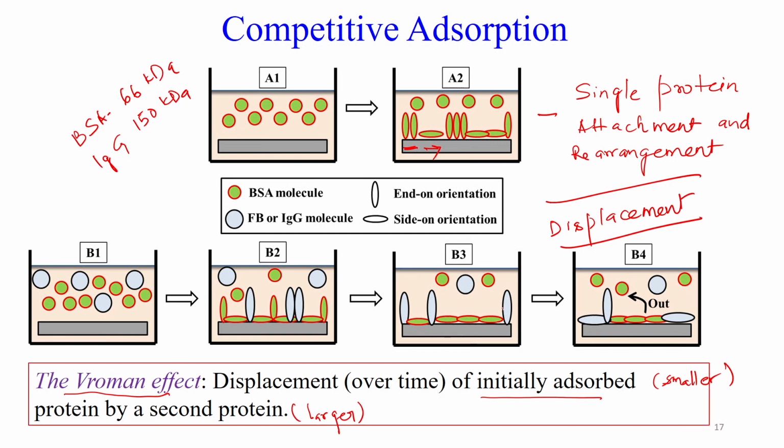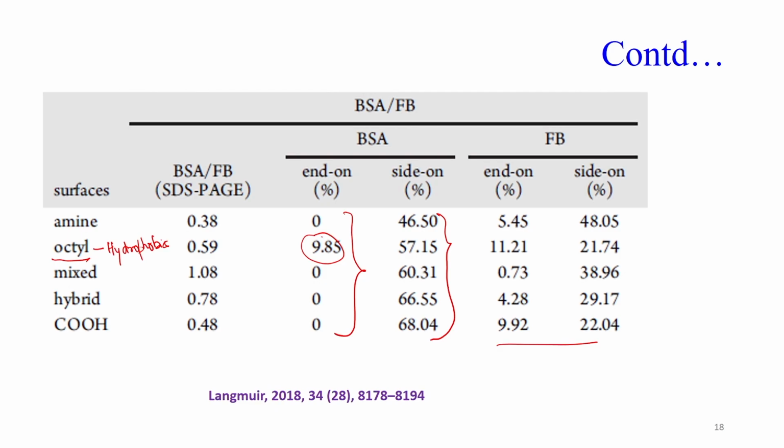So, in this step the end-on adsorbed smaller proteins have been displaced by the larger protein, and then again the larger protein goes through its rearrangement. So, it is present in both end-on as well as side-on orientations.